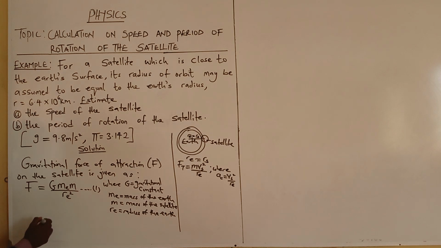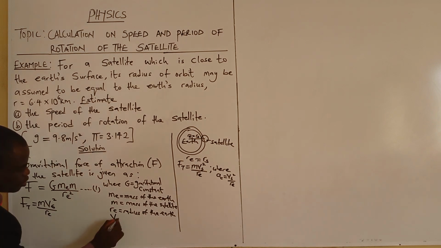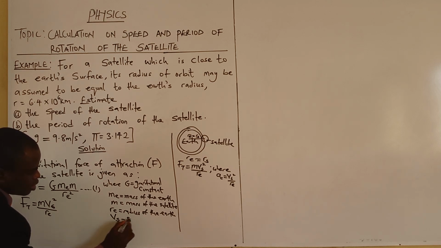Okay, and don't forget our expression for centripetal force equals m vs squared over re, where vs is the speed of the satellite.